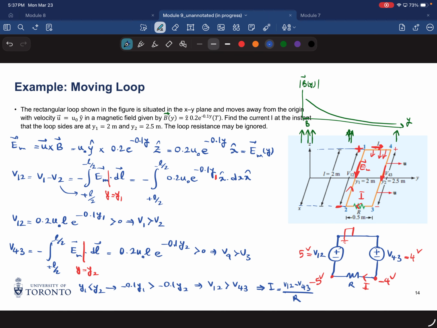The only things that can cause VMs in a loop like this one is if you have an electric field aligned with the wire that causes the voltage difference, like the rod. But here, if you go EM, which is in this direction, dot DL, from 1 to 4, it's going to be 0, right? So there is no voltage difference between 1 and 4.